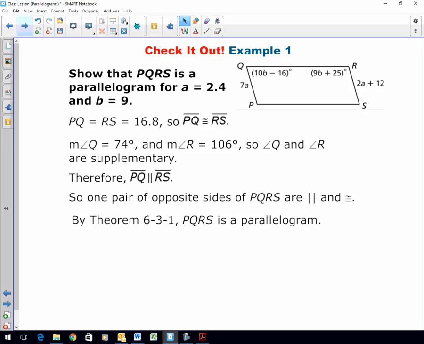But there's more. Plug in 9 for B. 10 times 9 minus 16. 9 times 9 plus 25. The consecutive angles need to be what?